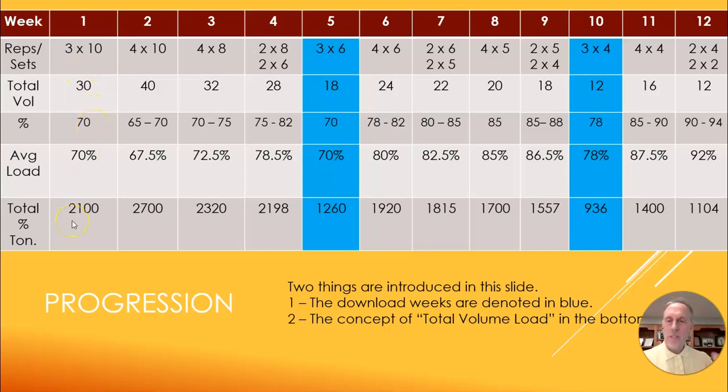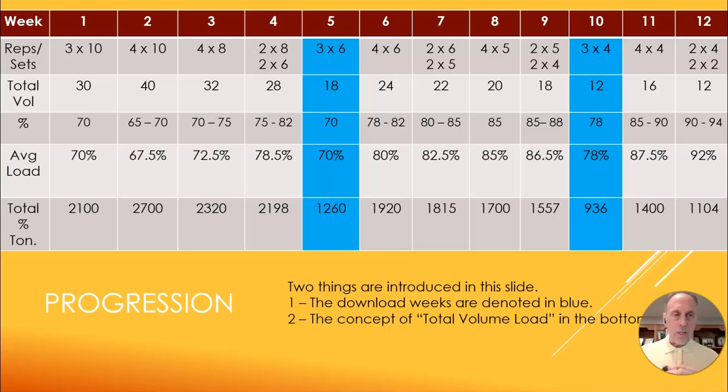Our total percentage tonnage or total percentage load, and you'll see this written both ways, but let's just go total percent load on this, becomes a relative concept because it's based off of 70%, not 100 pounds. But 100 pounds could be 70% of somebody's 1 rep max. So it ends up being a conversation of simple math.